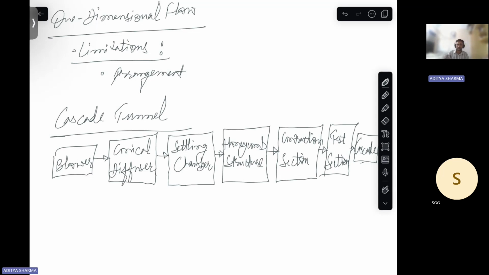But then what is cascade? We have discussed, right? Cascade is a number of blades arranged. It can be a rectilinear cascade, it can be an annular cascade. In the lectures, starting from lecture number 38 to lecture number 40, the cascades that have been drawn are rectilinear cascades, the straight cascades.